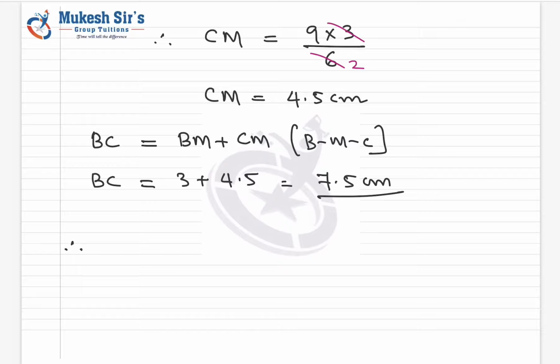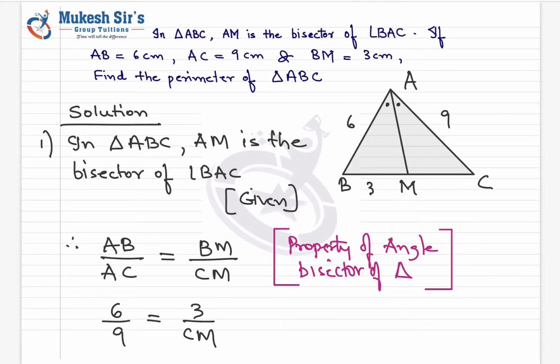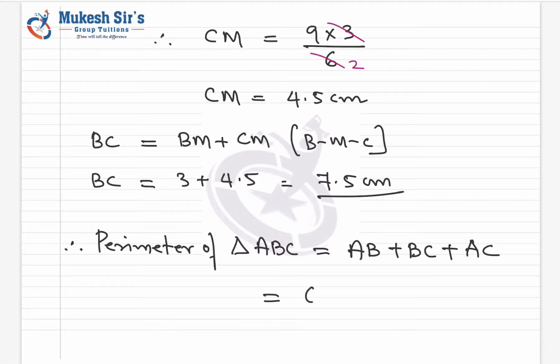You want the perimeter of the triangle. So you can say therefore perimeter of triangle ABC is equal to sum of all the sides. So AB plus BC plus AC. So put the values there. AB is 6 plus BC is 7.5 plus AC is 9.